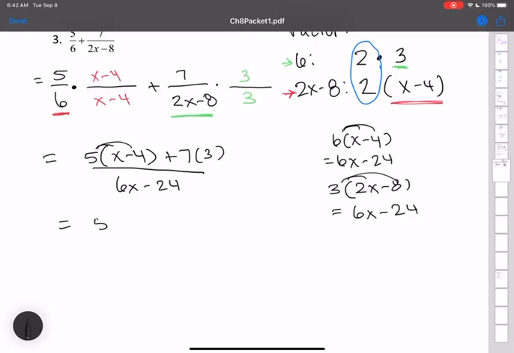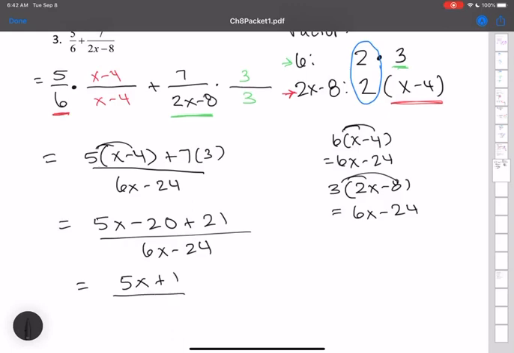So you would get 5x minus 20 plus 21 all over that 6x minus 24. Combine like terms, we'd have 5x plus 1. And on the bottom, let's go ahead and factor that. We could pull out a 6, and then we'd have left over x minus 4. That is our final answer.